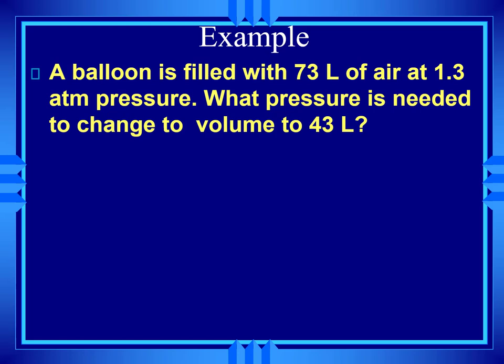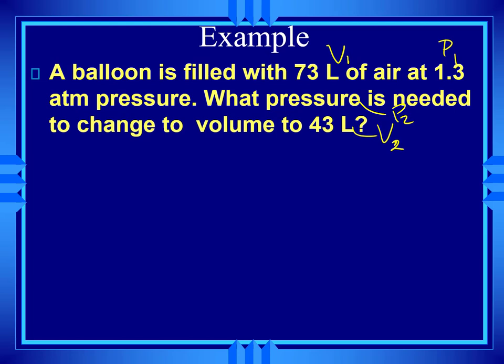Well, 73 liters was a volume. 1.3 atmospheres was a pressure. What pressure? So they want this second pressure. So the other one must be the first pressure. And does 73 belong with 1.3? Well, it must belong to 1.3. So that is V1. And 43 liters is V2.